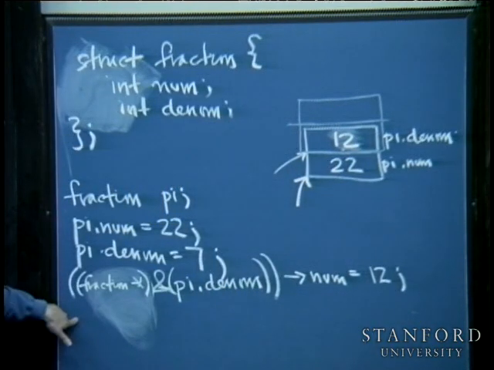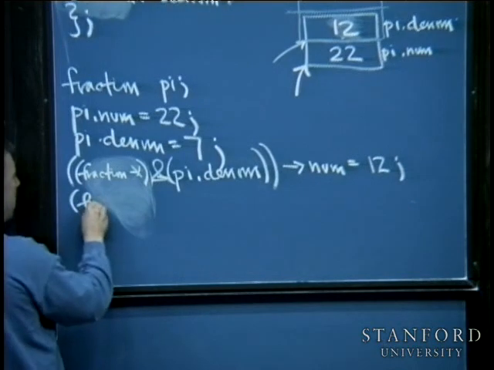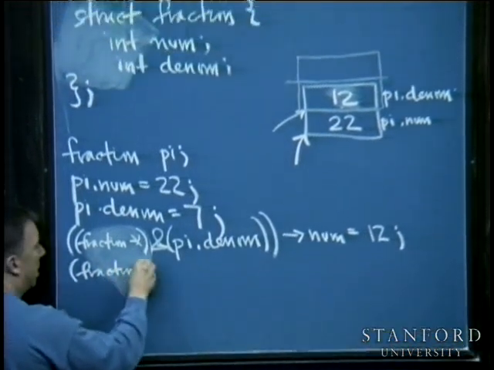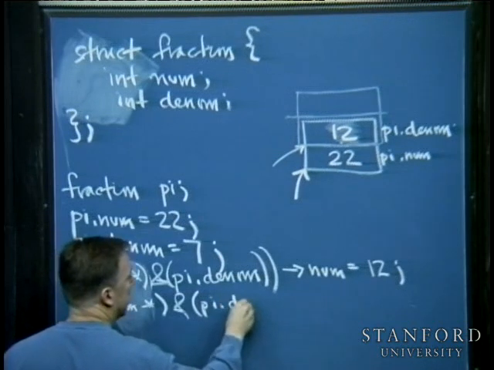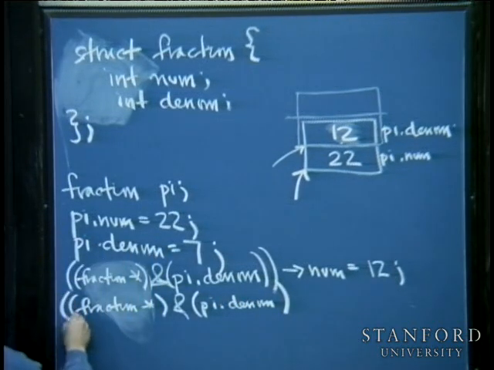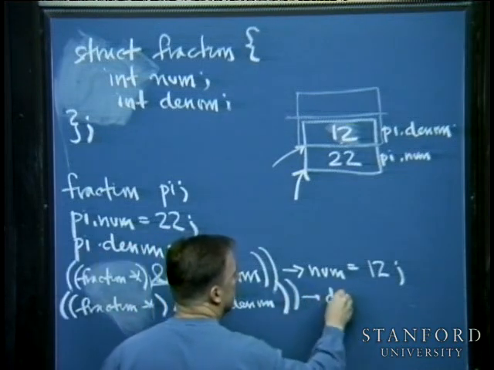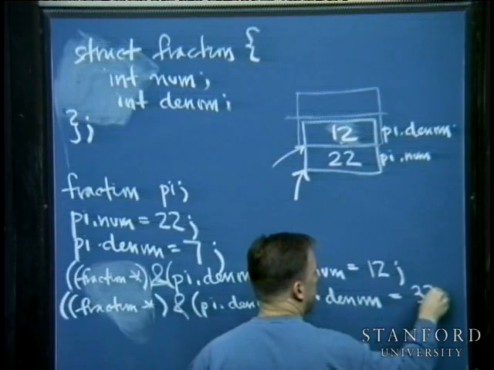Okay, so if I go ahead and I just print out, cout less than pi.denom, behind pi.denom's back, it was changed from a 7 to a 12. Okay? If I do the same exact thing, fraction star ampersand of pi.denom arrow denom is equal to 33.